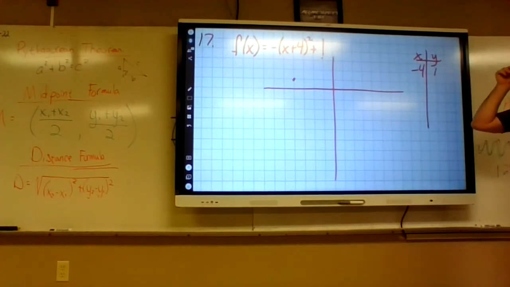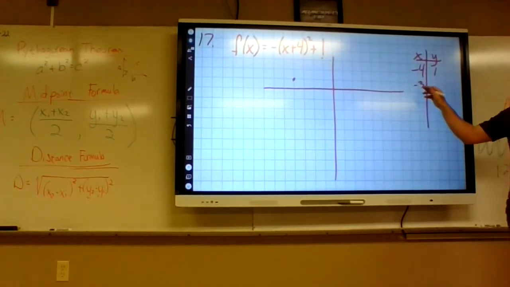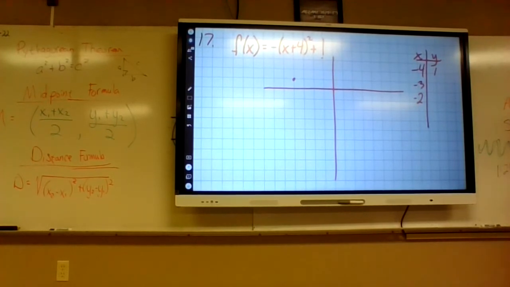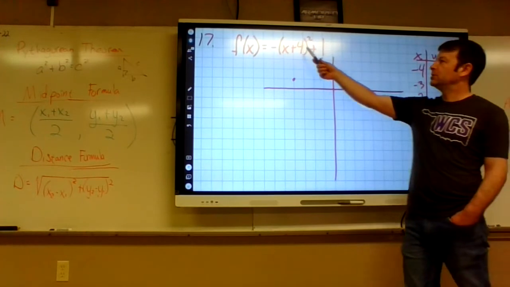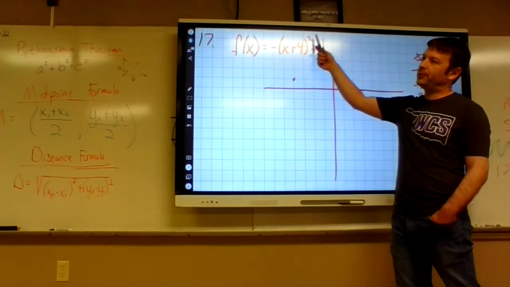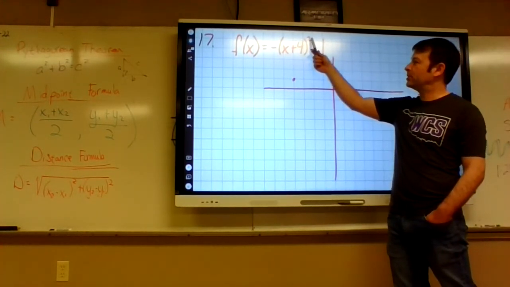What would be some good x values to plug in? -3, -2. If I plug in -3, -3 plus 4 is 1. 1 squared, I'm doing order of operations. 1 squared is 1.